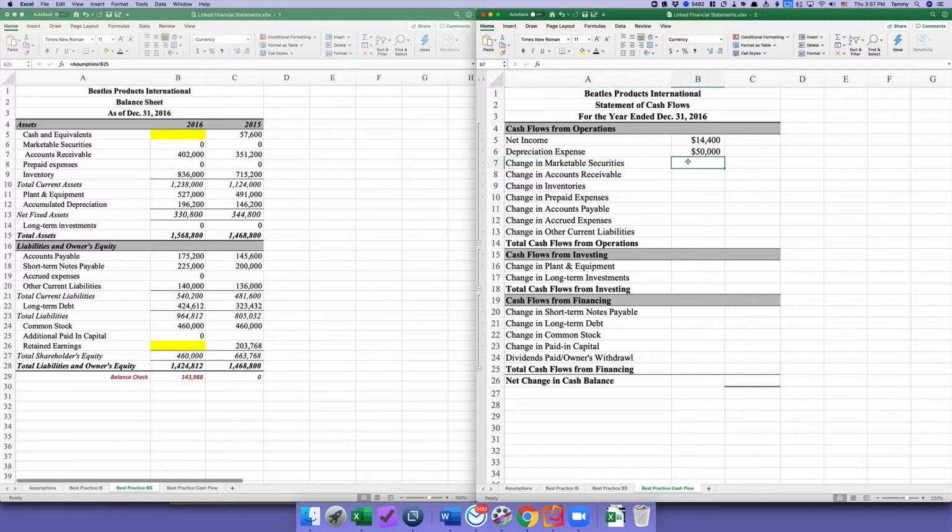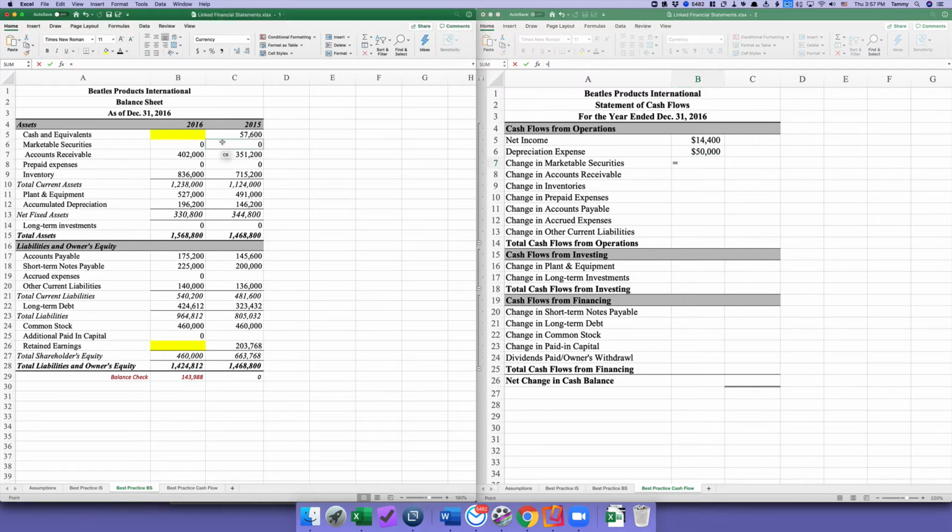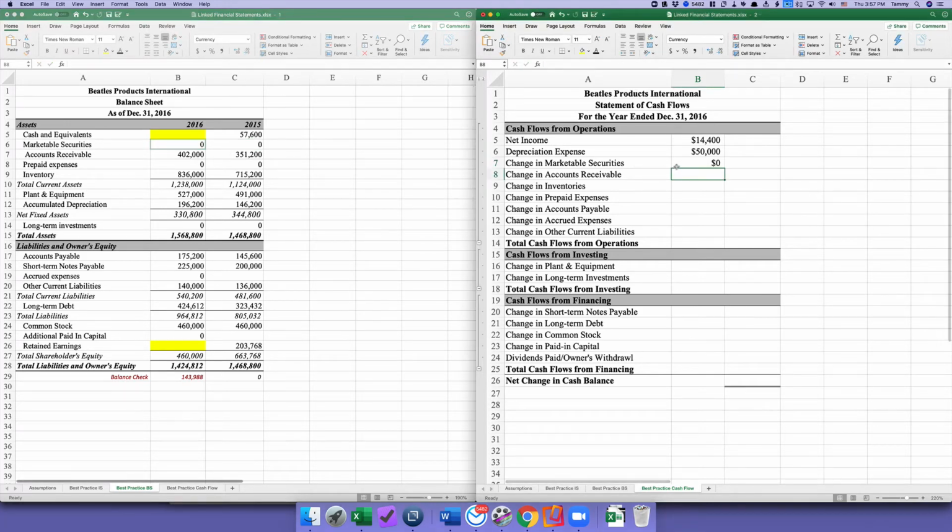So the way that we set up our calculation here for the changes in our asset items is we take the newer and subtract it from the older. So it's 2015 minus 2016. Okay, so change in marketable securities was 0.